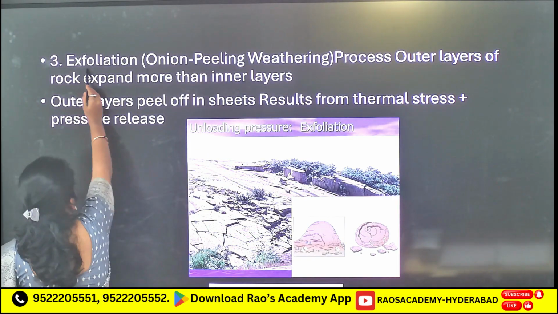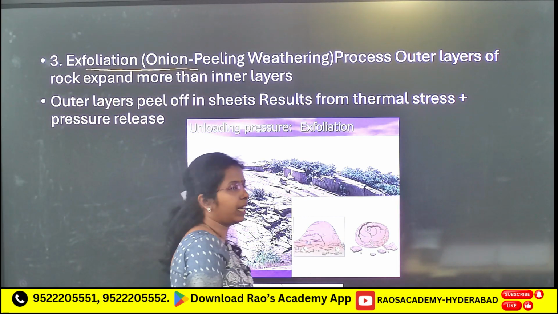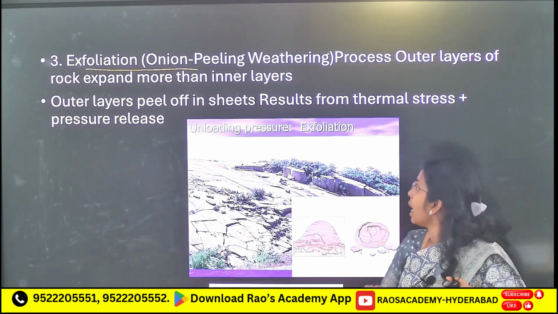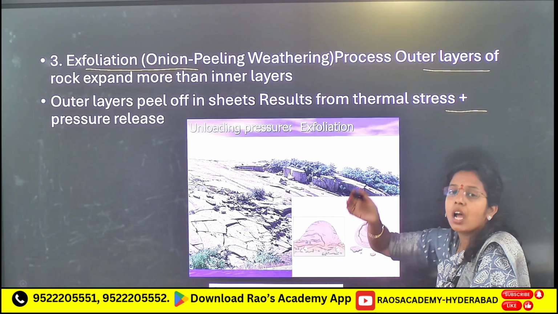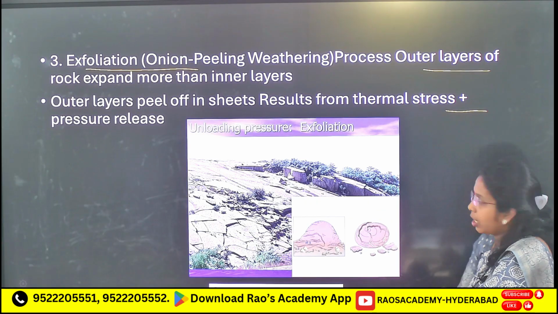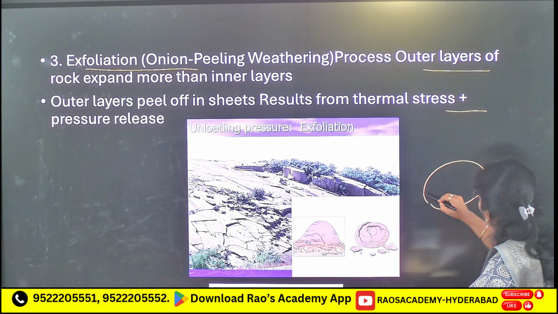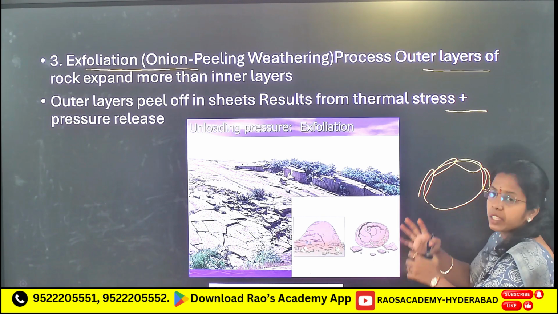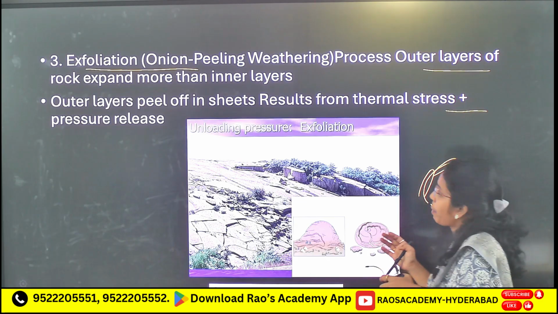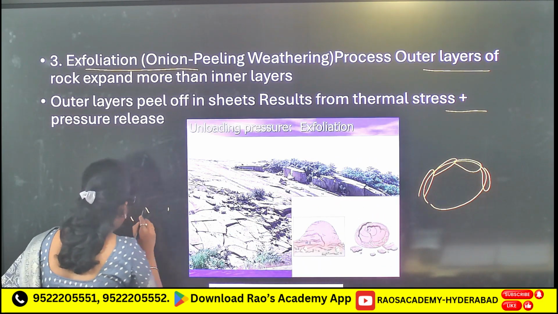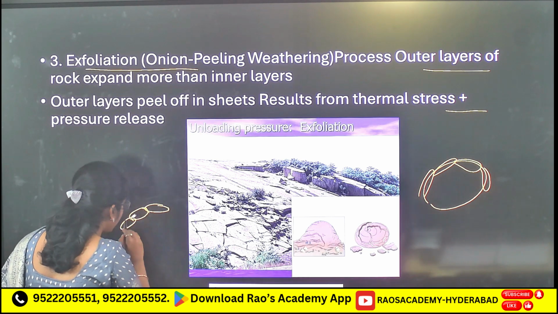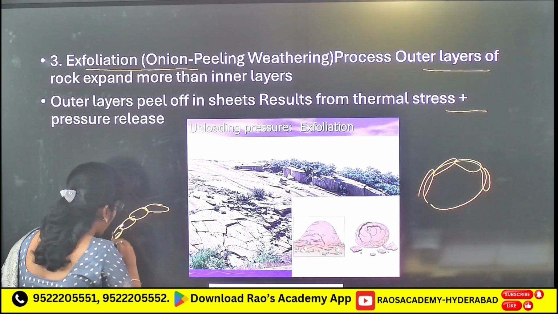Next, exfoliation, onion peeling weathering. In this process, the outer layers of rock expand more compared to the inner layers. Now, outer layers expand more. After expansion, what happens? Cracks develop and these outer layers peel off like onion peel.